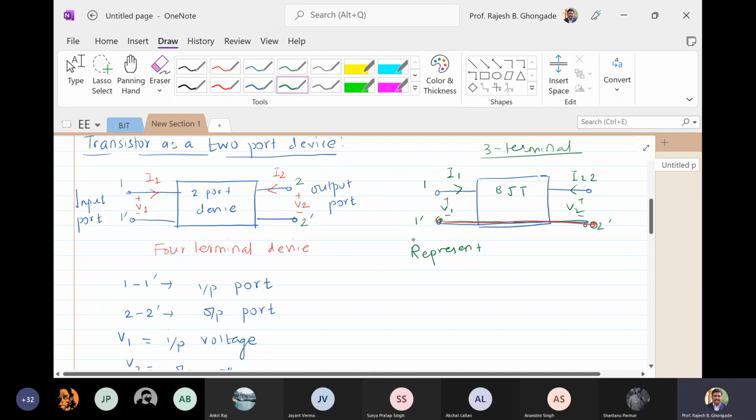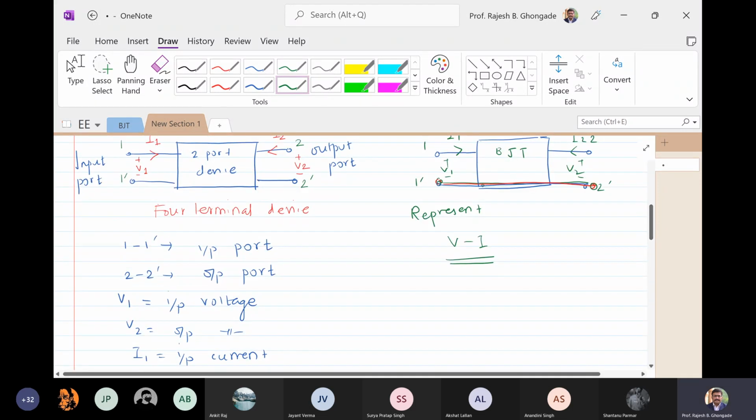So how many sets of curves do you expect? Just like I said that whenever we come across a new device, we will talk about the characteristic curves, that is the relationship between voltage and current. लेकिन यहाँ पे दो voltages और दो currents है. So at any given time, if I want to plot V1 versus I1, you can do that.